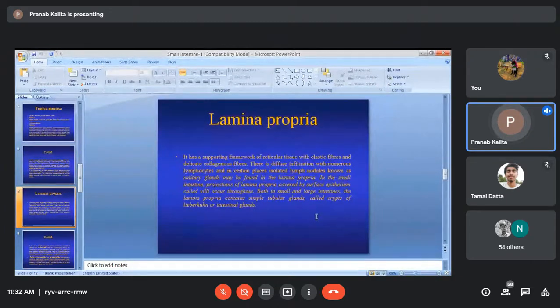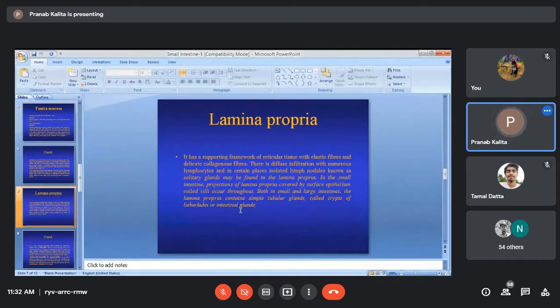In the lamina propria, you will find mostly reticular tissue with elastic fibers and few collagen fibers. You will find numerous lymphocytes in the lamina propria. As I have told you, in both the small and large intestine, the lamina propria contains simple tubular glands. These are simply called crypts, crypts of Lieberkuhn, or intestinal glands.